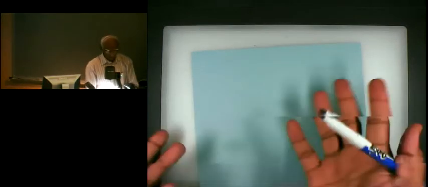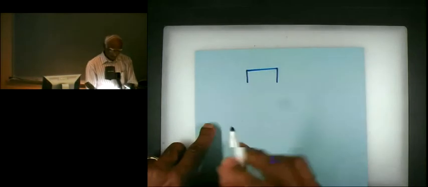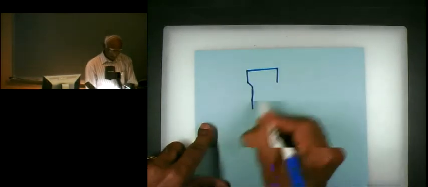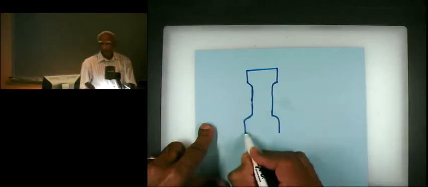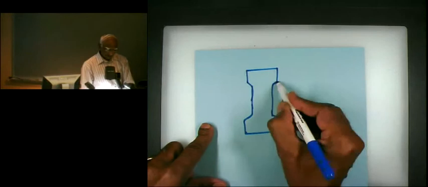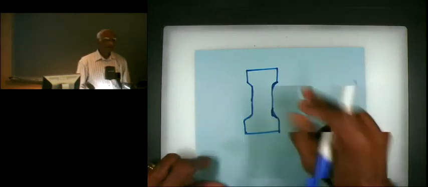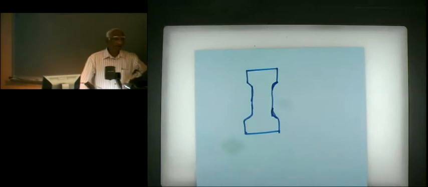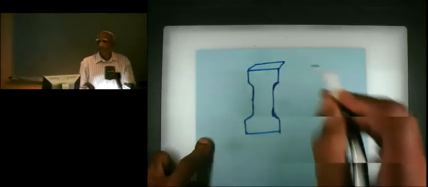If you are going to certify it, and in practice, you better do that. The radius here is specified, the lengths are specified, and the width is also specified.